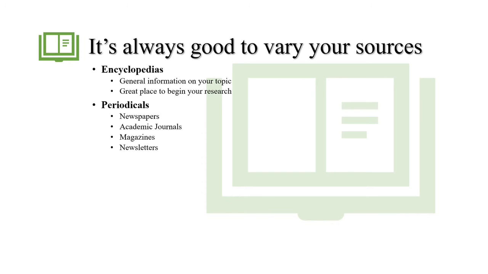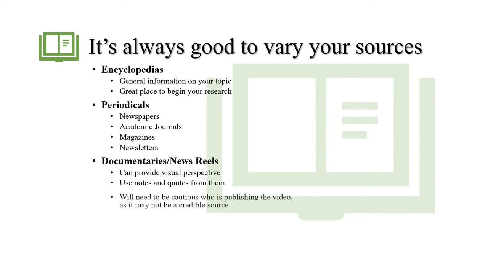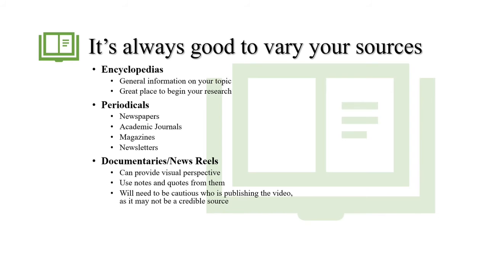Especially academic journals, this is where you'll find peer-reviewed articles. You can also use documentaries and newsreels. They can provide a visual perspective, and you can use notes and quotes for them. But please be cautious. Make sure you know who is publishing the video, as it may not be a credible source, especially if it's a biased publisher.